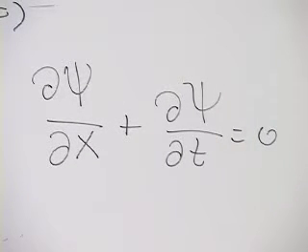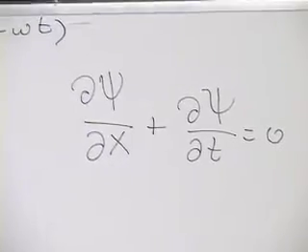This describes waves, and in fact it describes waves of this form here. Can you tell whether they're going to the left or the right? You think they're going to the right? Okay, you are right. So let's check.